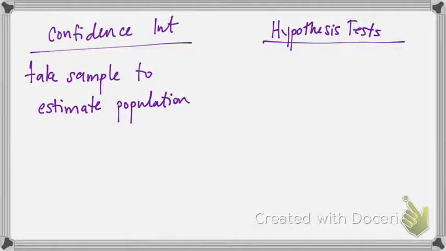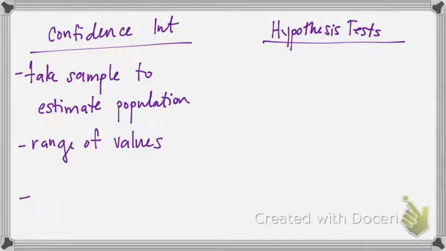You only sampled 60 of them, right? So you only sampled some of them, but you estimated what the entire senior class would be. So you're taking a sample, you're trying to estimate a population. It also gives you a range of values. So basically, I'm 95% confident that the population parameter is between these numbers.